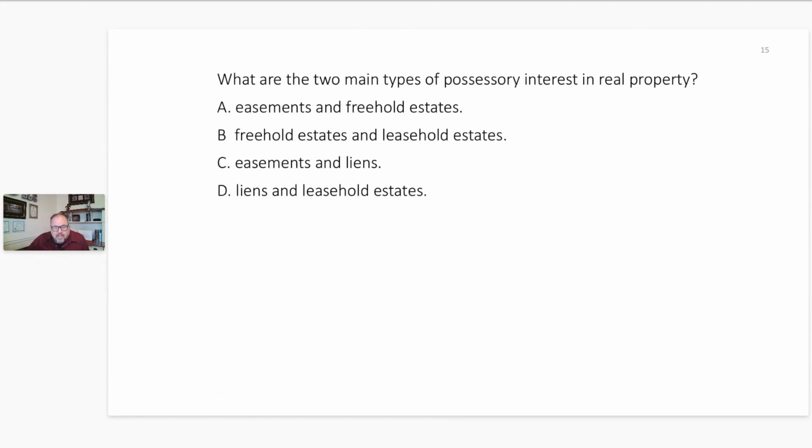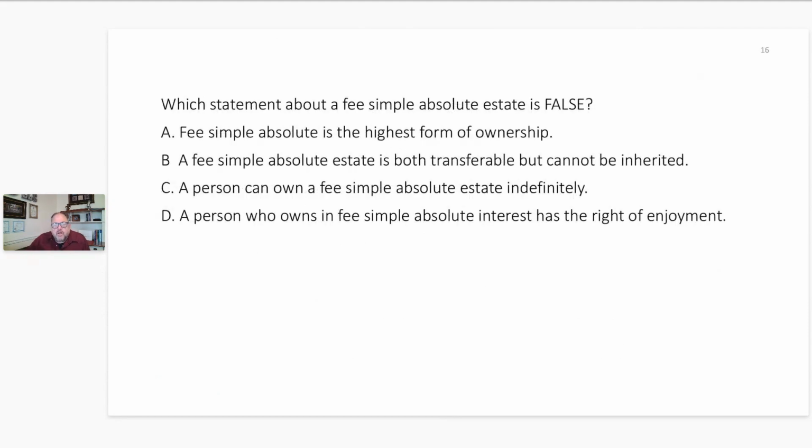Good job. The next question is going to say, what statement about a fee simple absolute estate is false? Now, before you get into it, pay attention to me quickly. Look up here at me real quick. When I do true-false questions like this one, which statement about fee simple absolute is false?